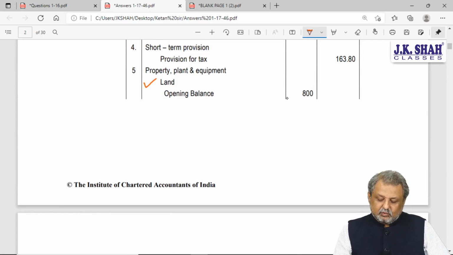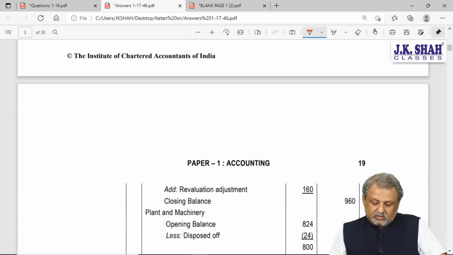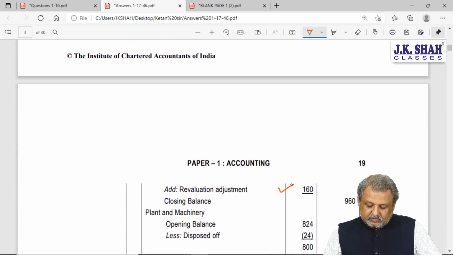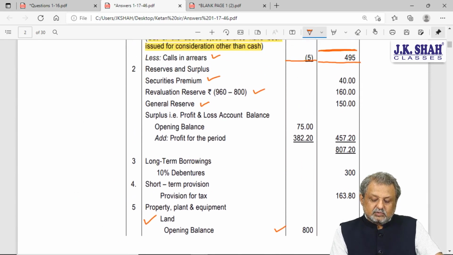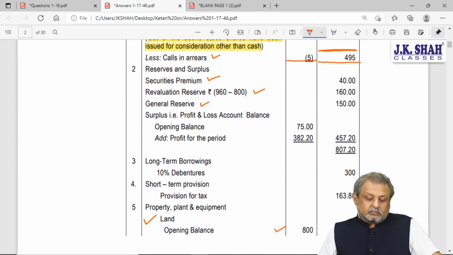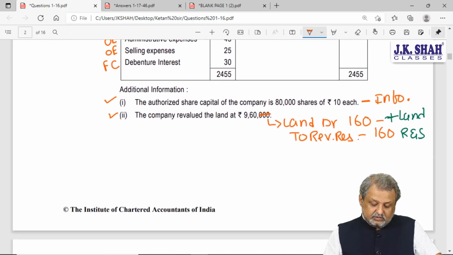Then whatever is the opening balance, trial balance item, one effect, and then give the two effects for revaluation adjustment. So closing balance, you may write closing balance or you may directly write it in the outer column. Second effect, you will write it in reserves and surplus. That is how adjustment wise you should be going.